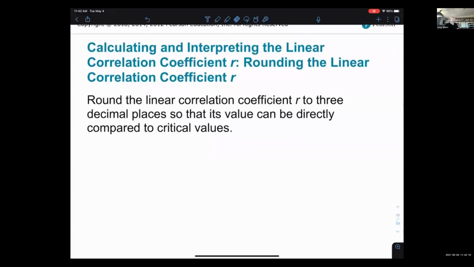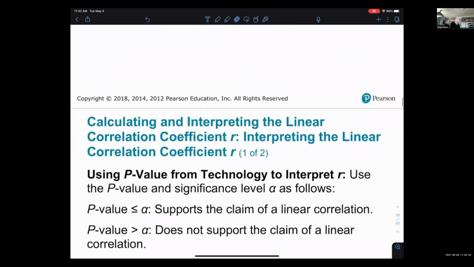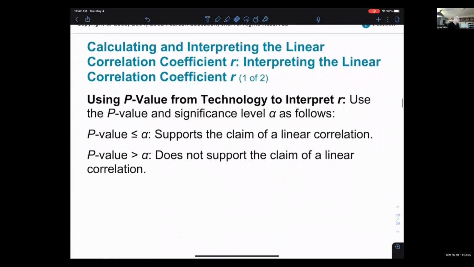Calculating and interpreting the linear correlation coefficient, rounding it. So in general, there's a rule that you would round R to 3 decimal places. But as we're doing problems in my stat lab, of course, it'll always tell you where to round things off. So now let's talk about the idea of a claim and things like that.